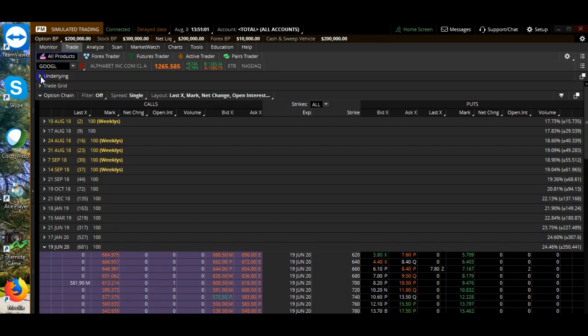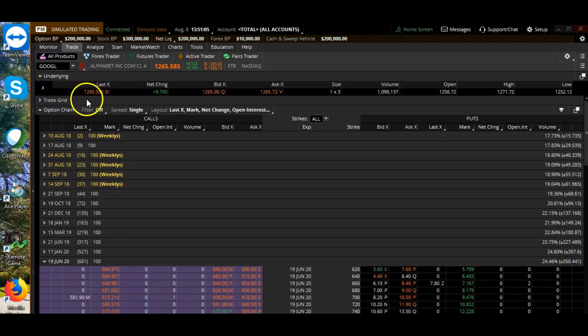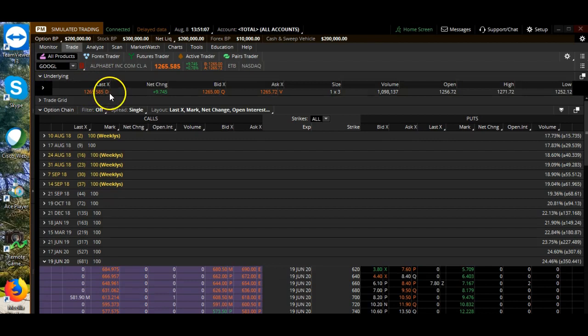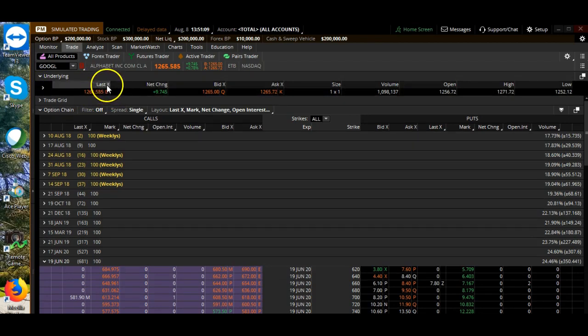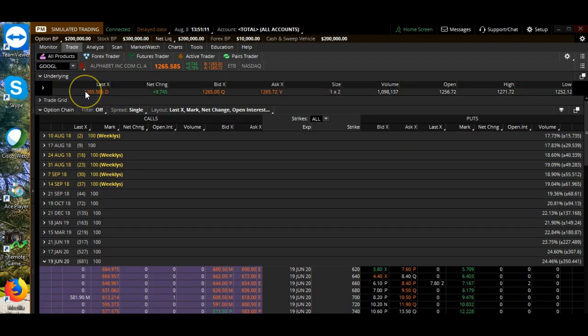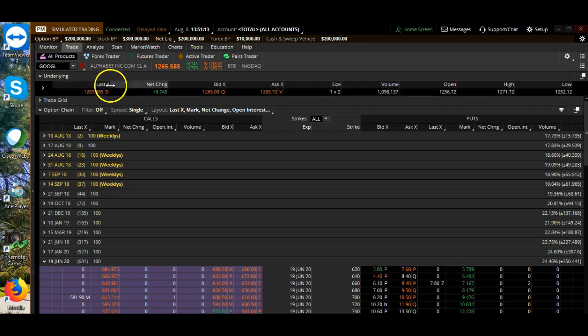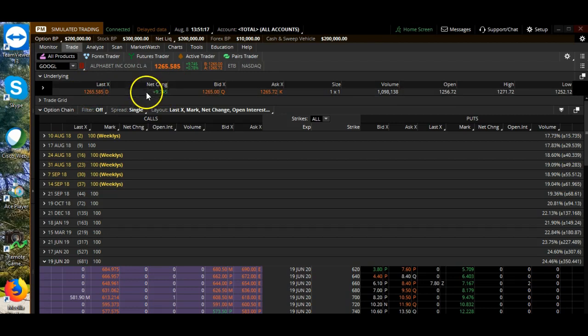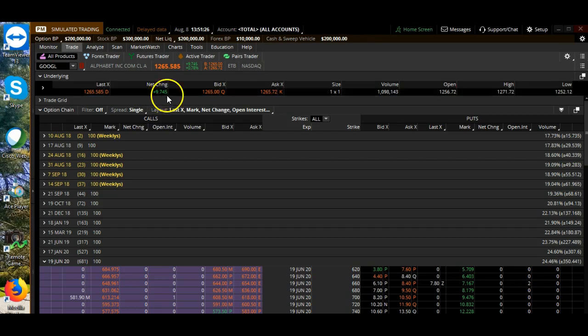And here, if we click on the underlying, it gives you all the information you need on Google as far as how it's trading. The last price is right here. The net change in this one day has increased $9.74.